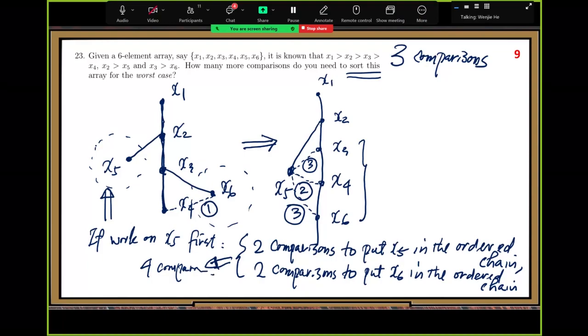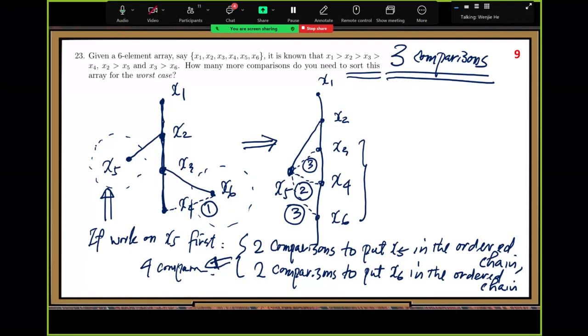So here you can see we have a 3 comparison solution. Sometimes the order is important. When you work on your data, usually you have several different orders to work with. Then you need to find the best one.